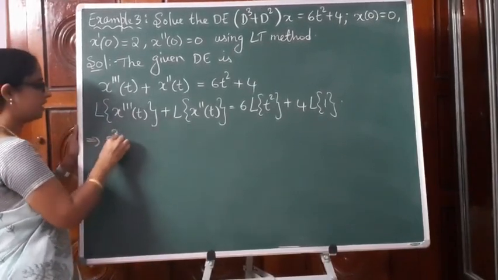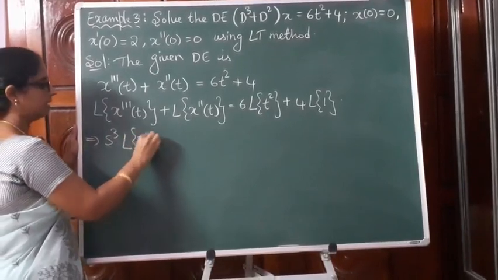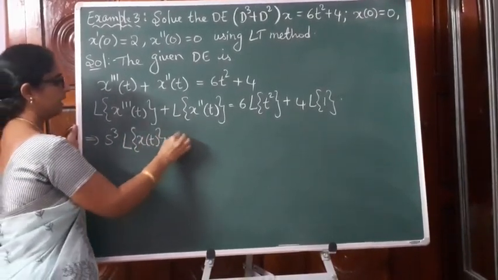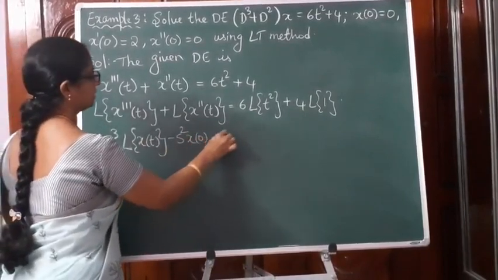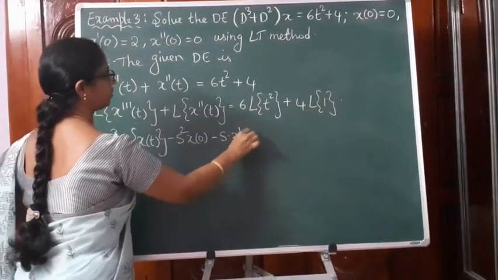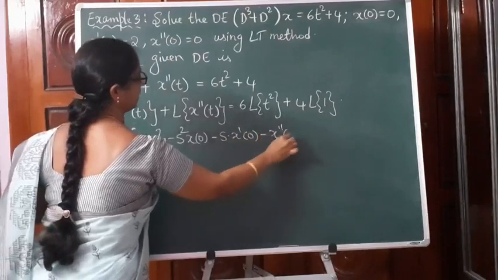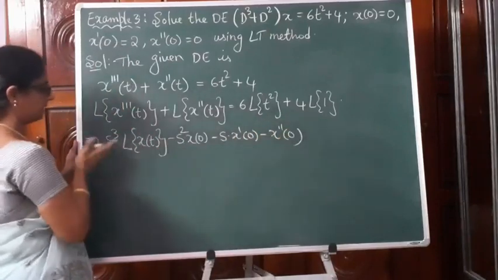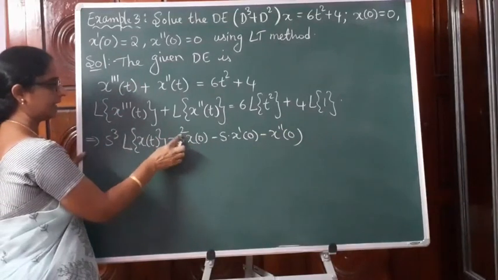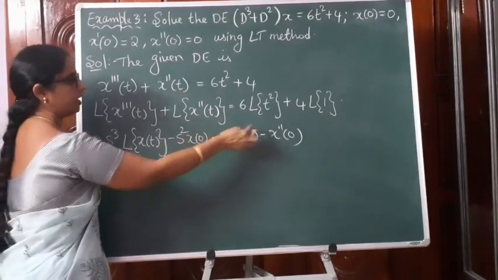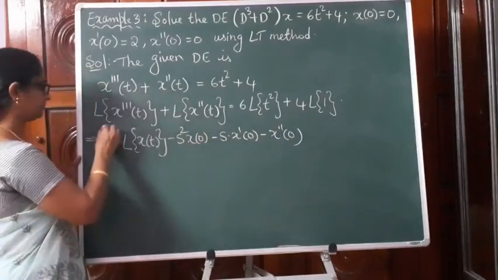It is s³ into L of x(t) minus s² into x(0) minus s into x'(0) minus x''(0). See the pattern. s³ into L of x(t), s² into x(0). The powers of s get reduced and the derivatives go on increasing.